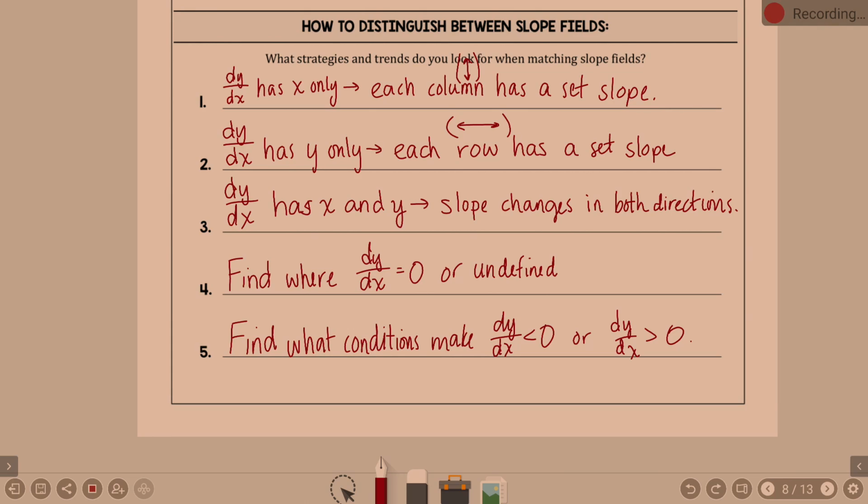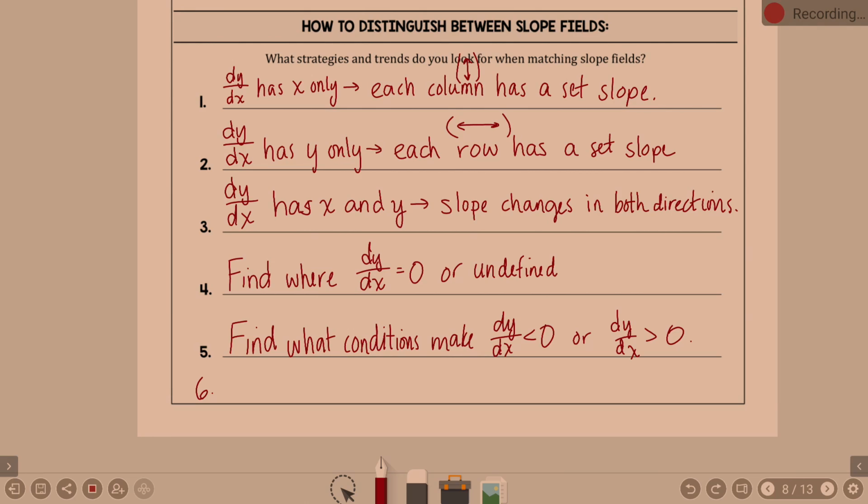And then the other one, which is kind of my add-on, is that we check specific points throughout, right? You at least check a point in each quadrant. You're then able to say, okay, this is a positive quadrant, this is a negative quadrant, and so on.